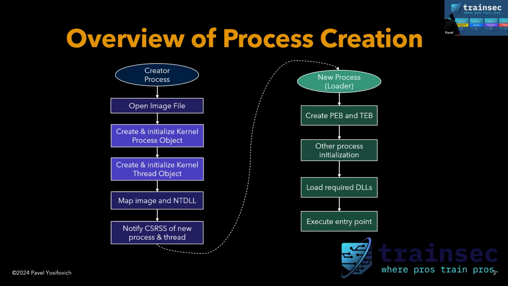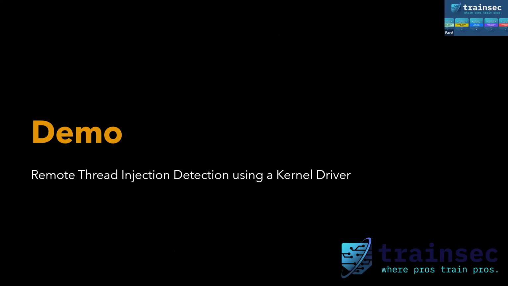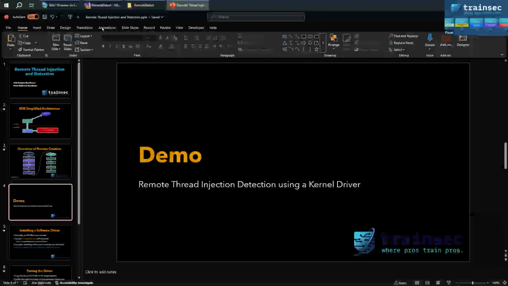And there's a reason for that, which I'm not going to discuss. It's not really in scope of what we're trying to do here. So the thing here to remember is that the first thread in every process is always technically a remote thread, so we have to make sure we don't stumble on that little issue when trying to detect a remote thread. So let's see what that might look like.